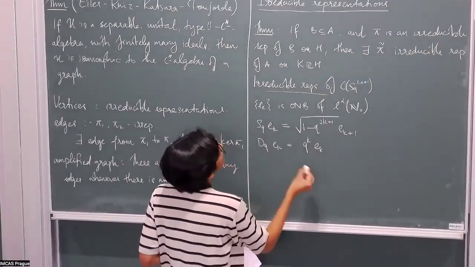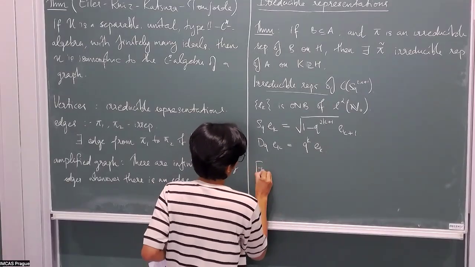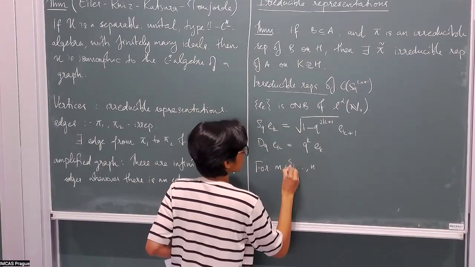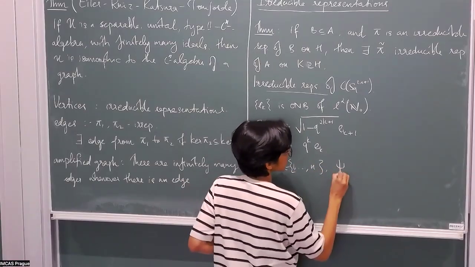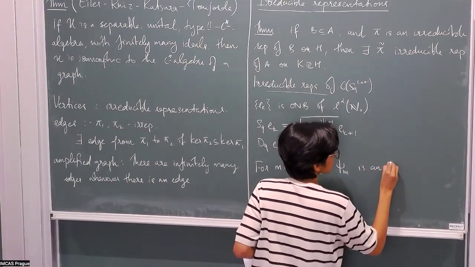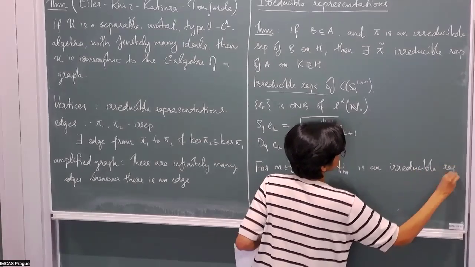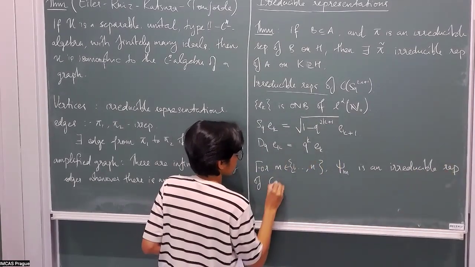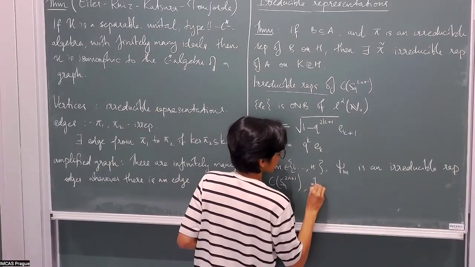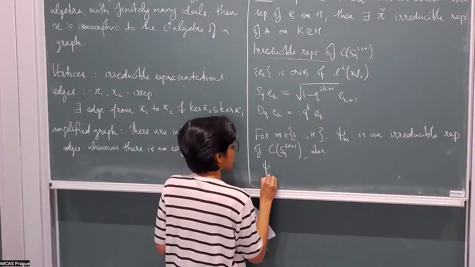And given this, for m in N, psi_m is an irreducible representation of the quantum sphere of dimension 2n plus 1, where now I need to say what psi_m actually does.